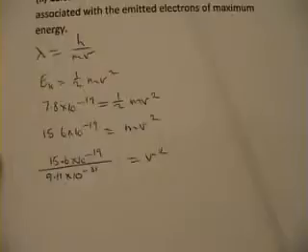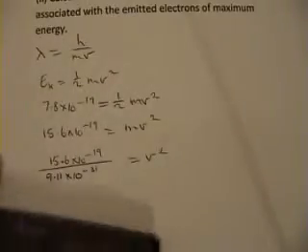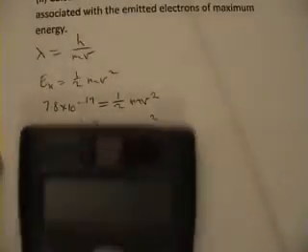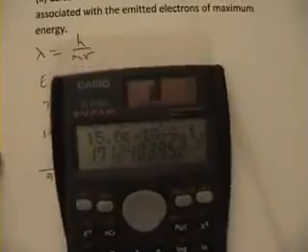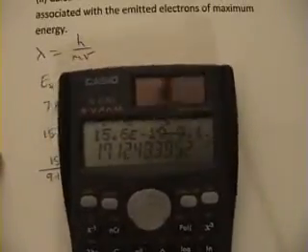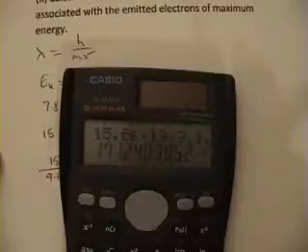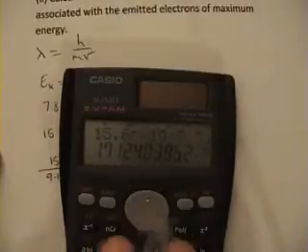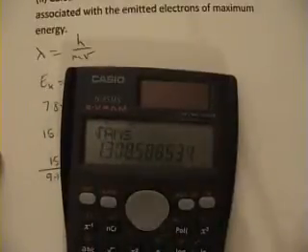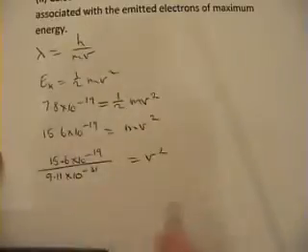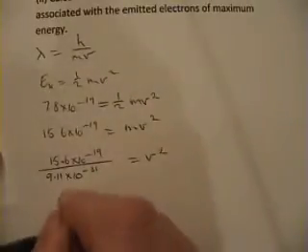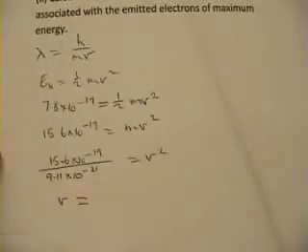If I work that out, v squared is 1.71 times 10 to the 12. If I take the square root of that, that tells me what v is. So v is 1.31 times 10 to the 6 meters per second.